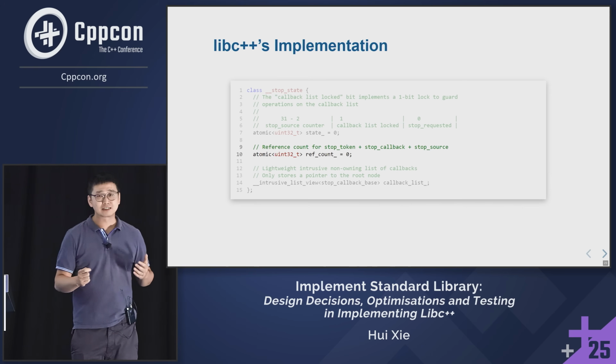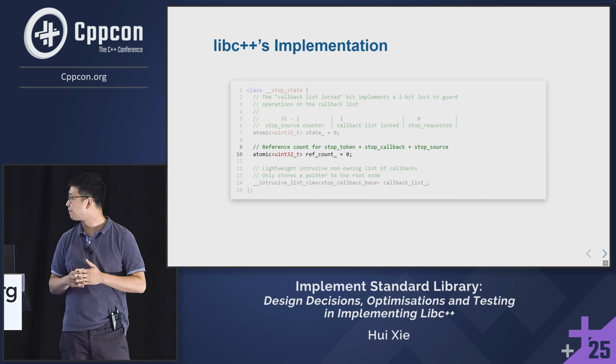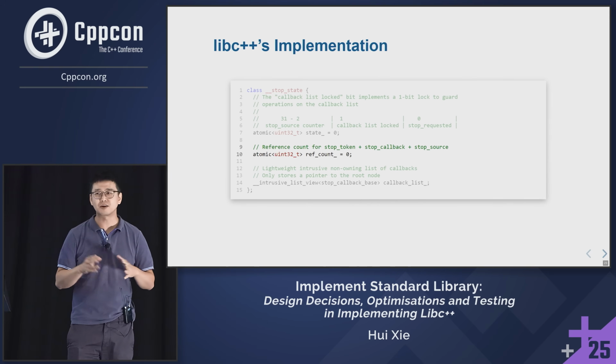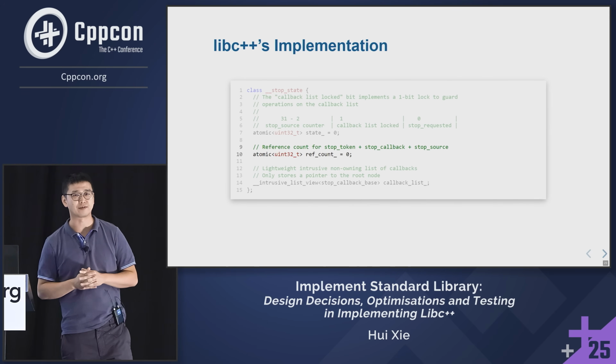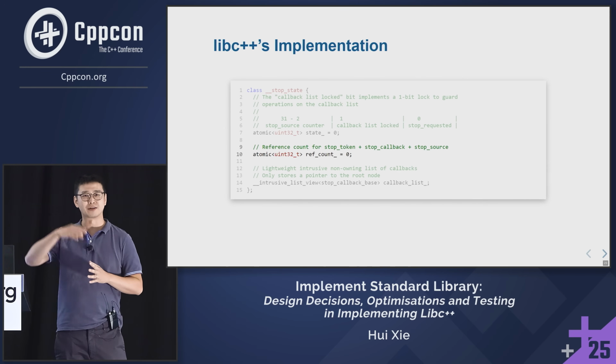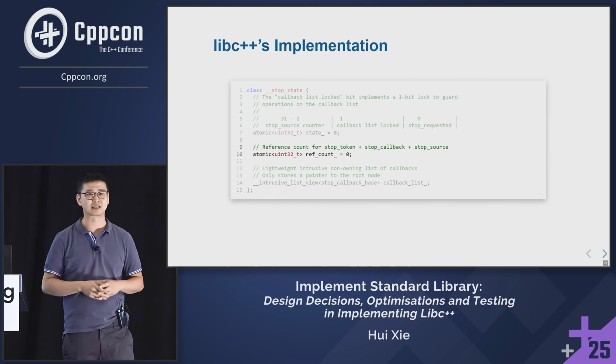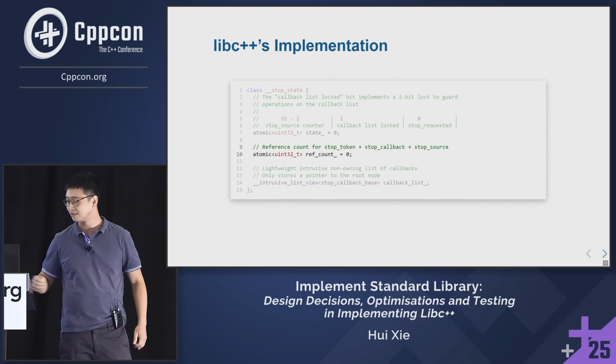And with this reference counting inside this class, we no longer need a shared pointer. In libc, we have a thing called intrusive shared pointer, which is just a shared pointer without the control block, because we store the reference counting inside the class itself.